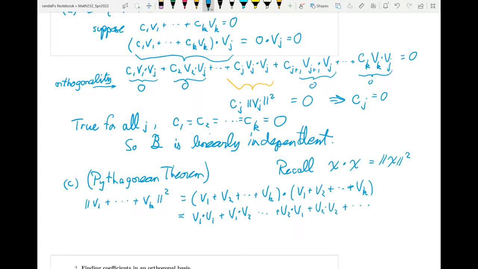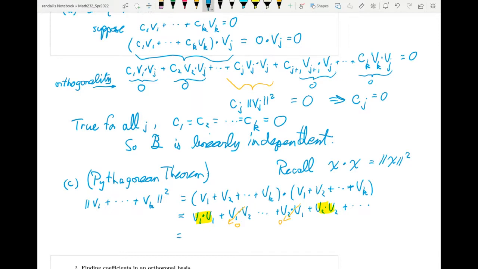So you see that most terms will turn out to be zero, the ones where the indices are not the same. But every once in a while, you'll have terms where the indices are the same. Those are not zero. In fact, those are the norm squared.